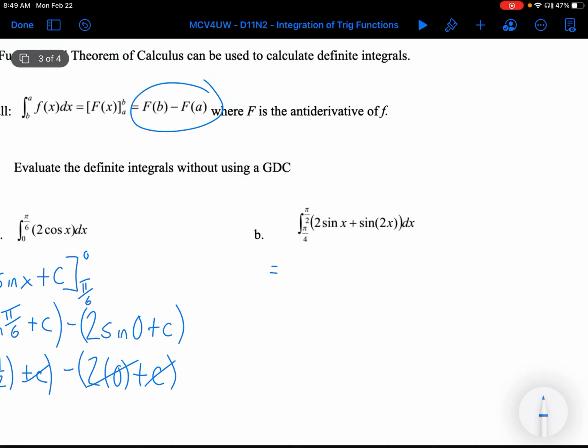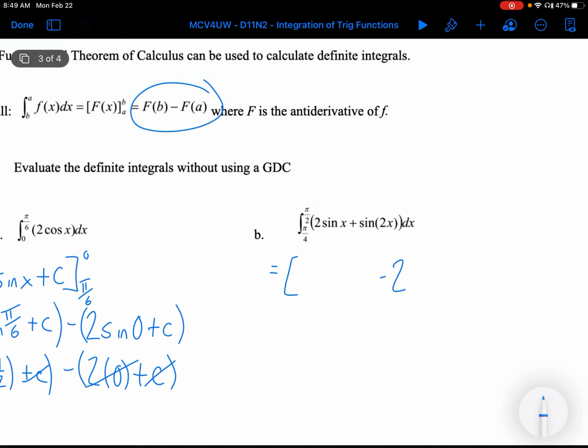So we'll have the integration is going to be what? I'm going to put the negative 2 cos x at the end, just so that's the integral of this. Because the other one's going to be negative too, it doesn't really matter.